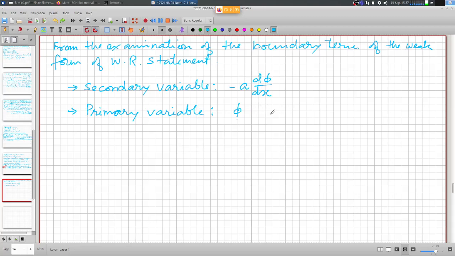Right? So now why is this important? This implies boundary conditions in terms of phi are the essential boundary conditions.